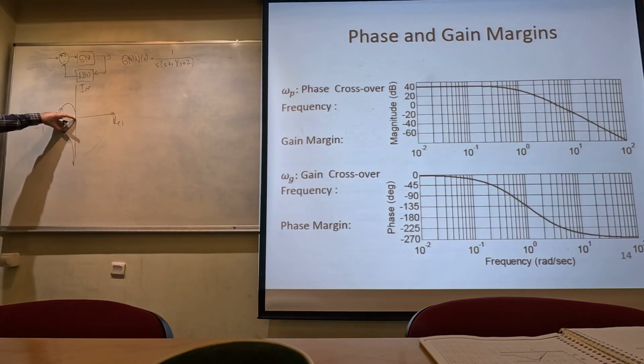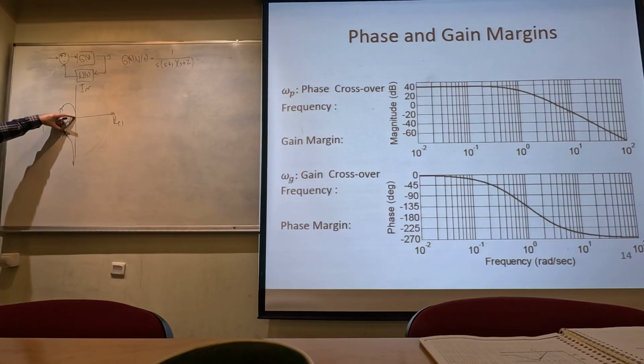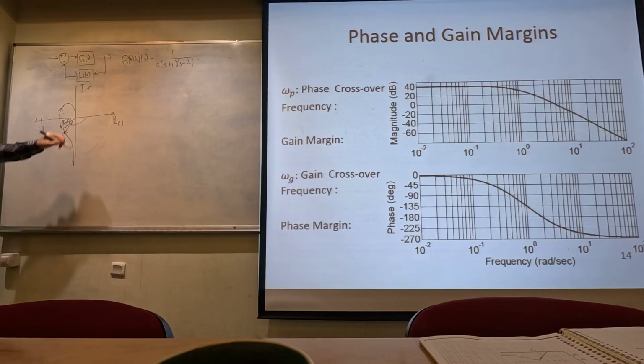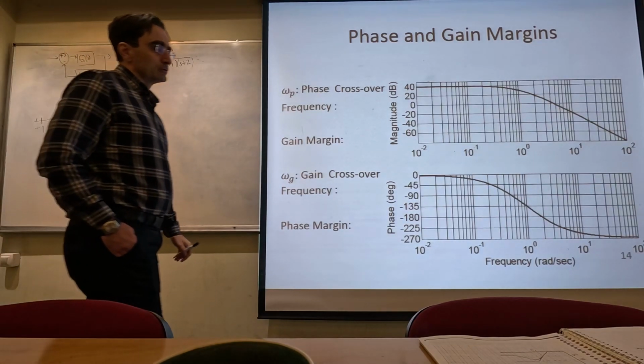Each point on this curve corresponds to a specific frequency. The distance of that specific point from the origin gives us the magnitude of the frequency response, and the phase of that point gives us the phase of the open loop frequency response.